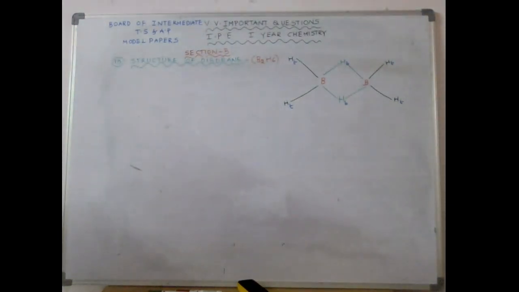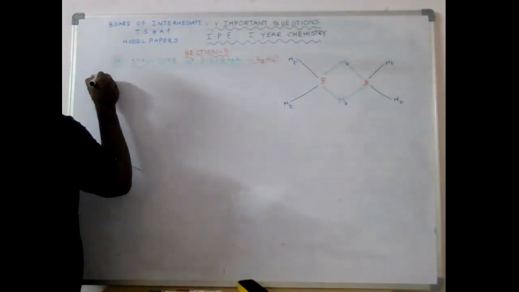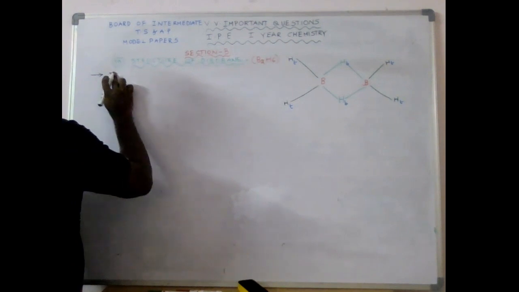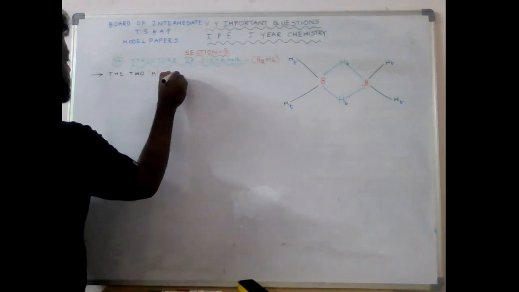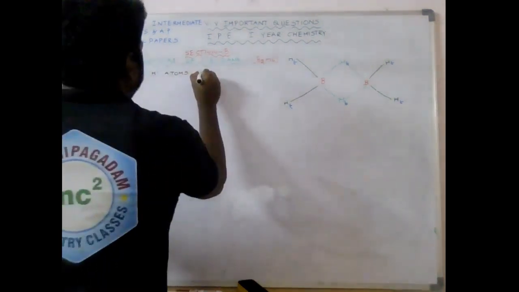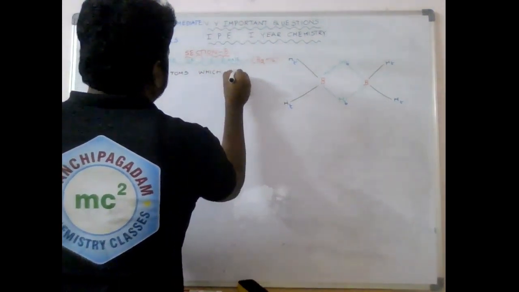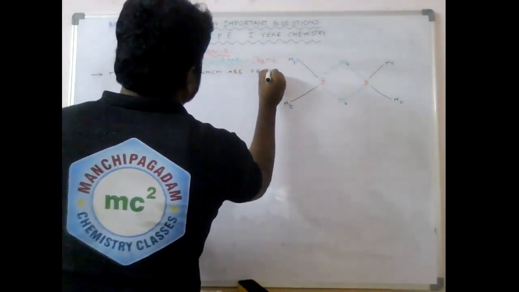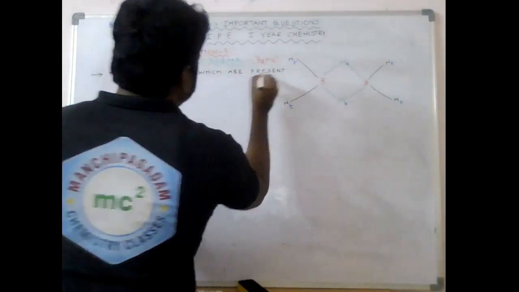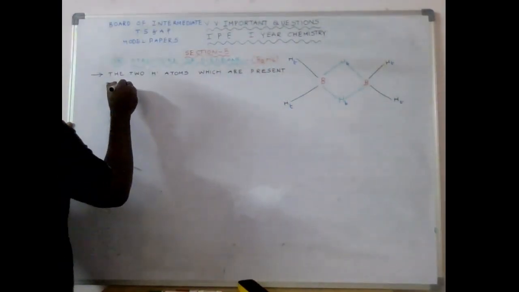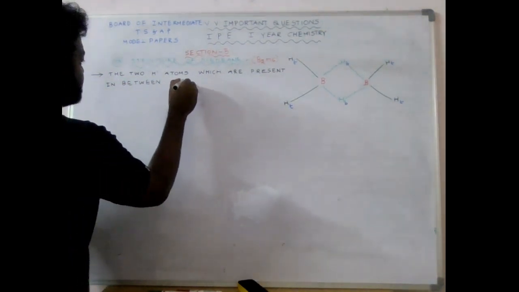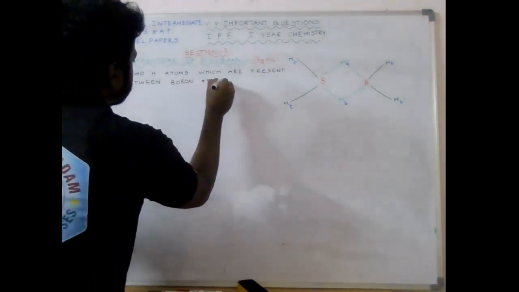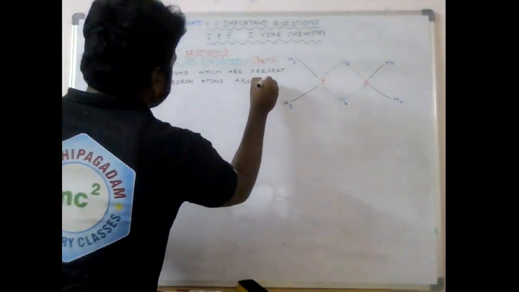The two hydrogen atoms which are present in between the boron atoms are known as, what are they called?